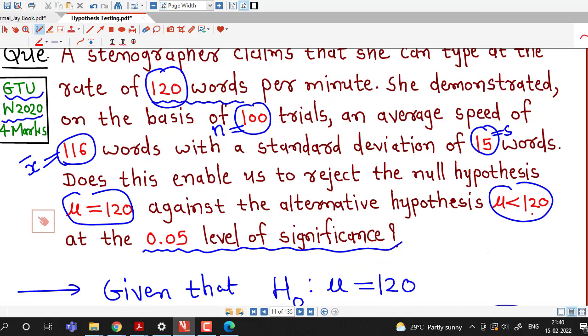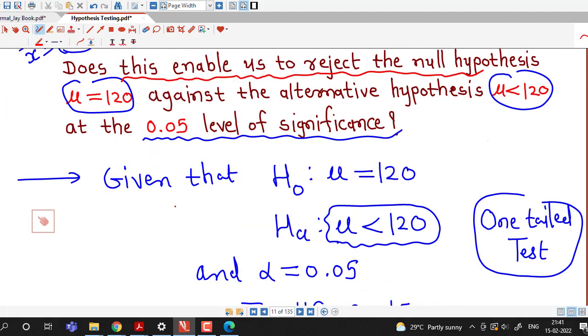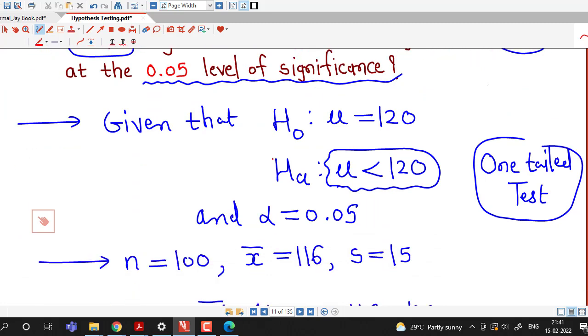And we can see our question is, does this enable us to reject the null hypothesis mu equal to 120 against the alternative hypothesis at the 0.05 level of significance? So the answer is yes, this enables us to reject the null hypothesis mu equal to 120 against the alternative hypothesis mu less than 120.